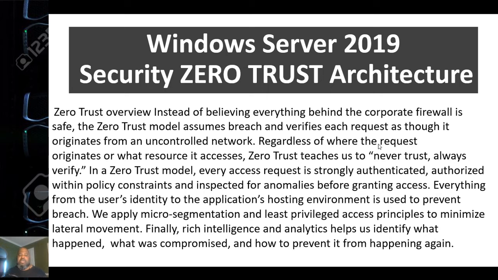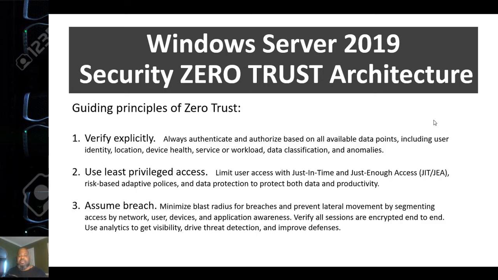So again, what is the zero trust architecture? I'm just going to jump to the second slide. We talked about this a number of times. The guiding principles of a zero trust architecture: verify explicitly, use least privilege access. We were going over a lot of STIGs. The STIGs actually focus on using least privilege access for a lot of your users and processes. Assume a breach.